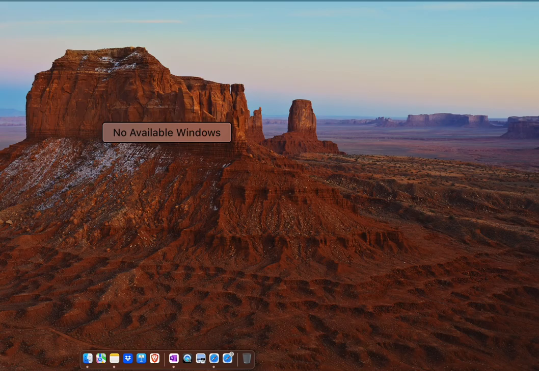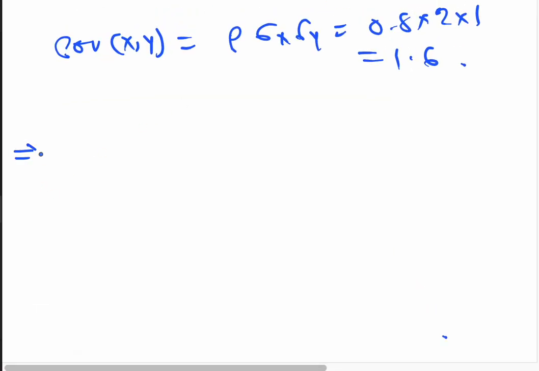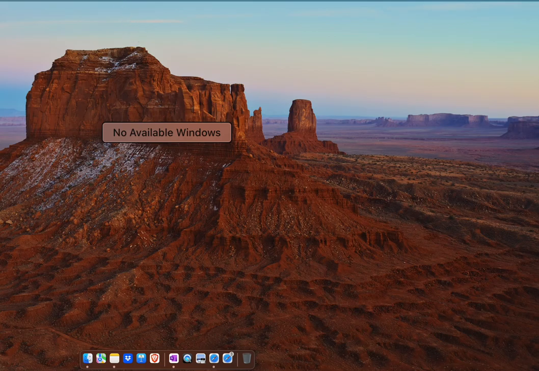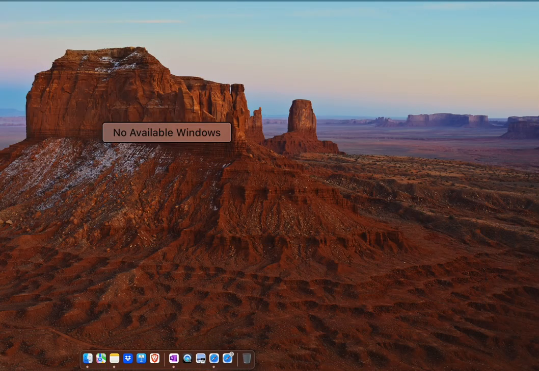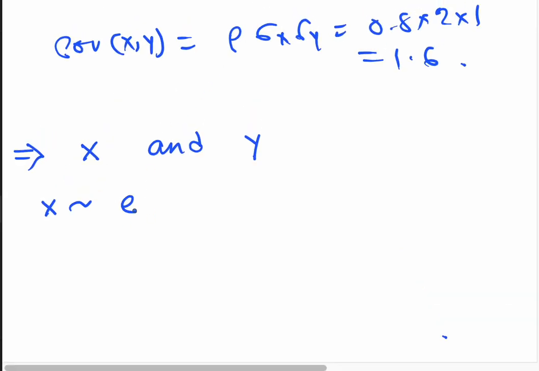So she is saying that there are two variables x and y, both follow the same distribution, e to the power minus x.